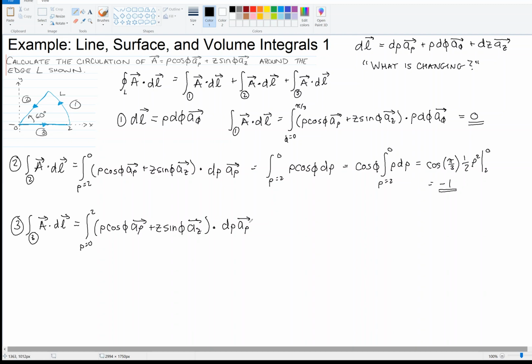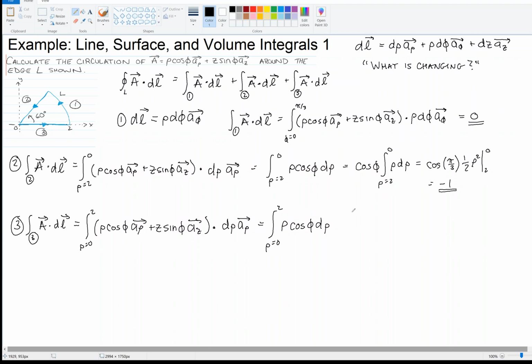Now I distribute the dot product in. a_rho dotted with a_rho is 1, because they have unit length. And so this is rho cosine phi d rho. And then when I distribute the dot product into the z term, a_z dotted with a_rho is 0 because those are orthogonal unit vectors. So this is my integral that I have to solve.